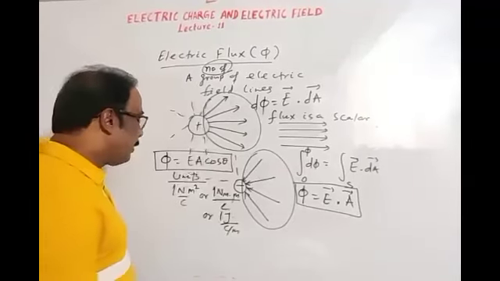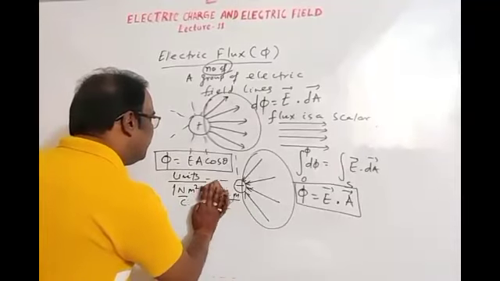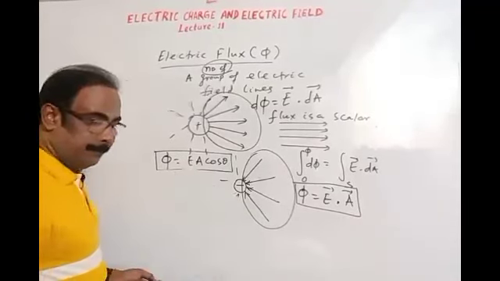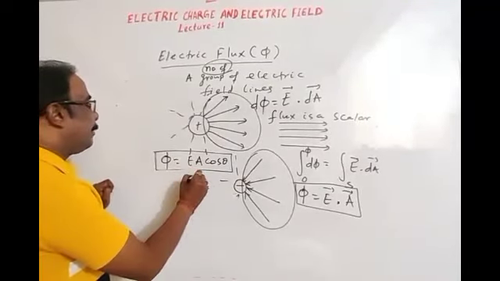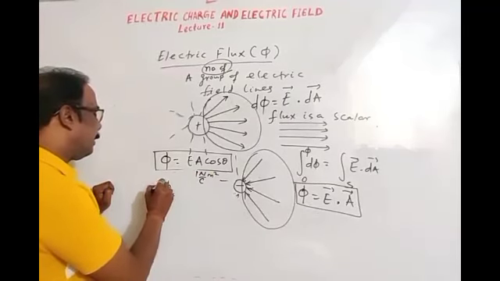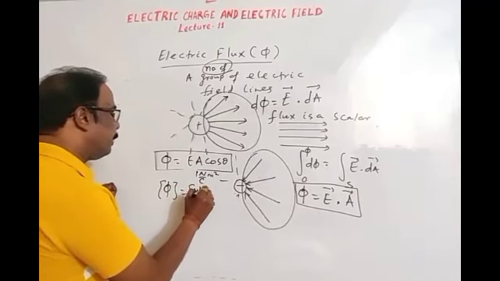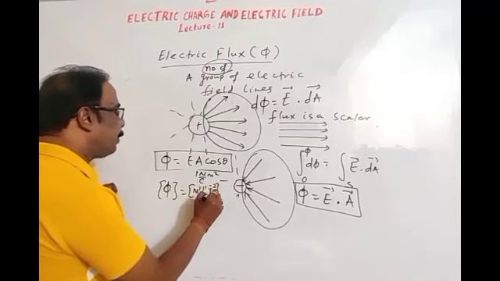Accordingly, you may find the dimensional formula of electric flux. Electric field is Newton per coulomb, area is meter square. Newton is force, M to the power 1, L to the power 1, T to the power minus 2.